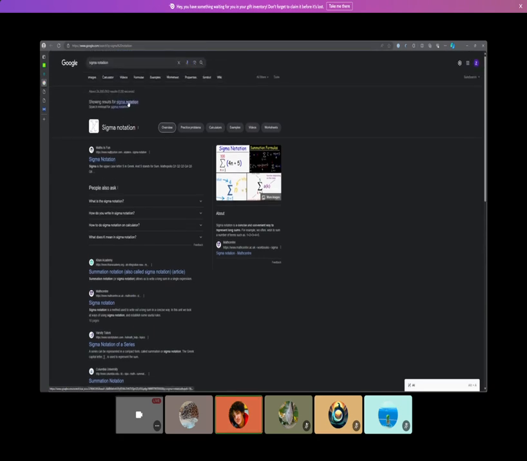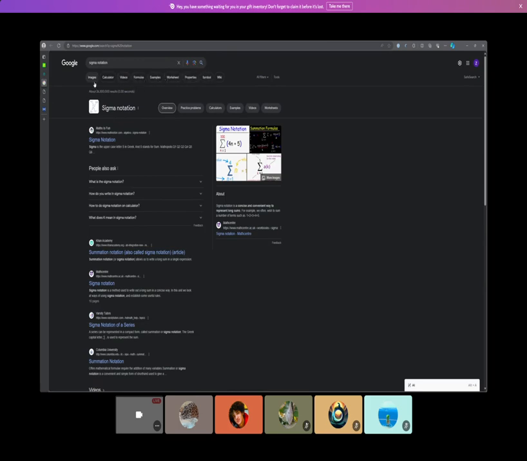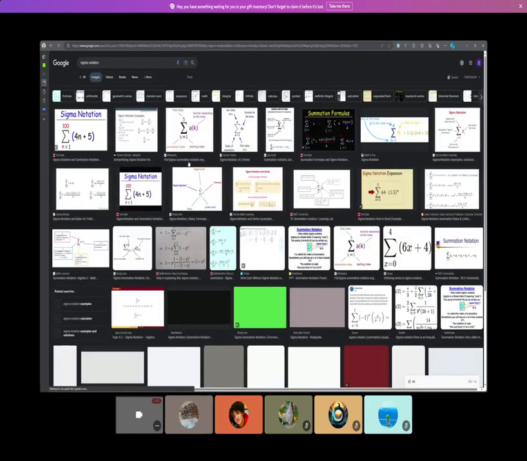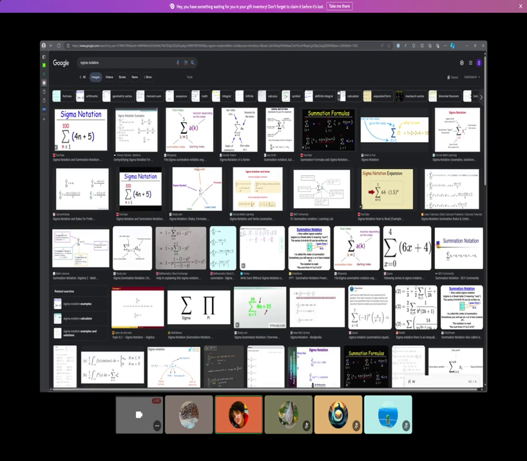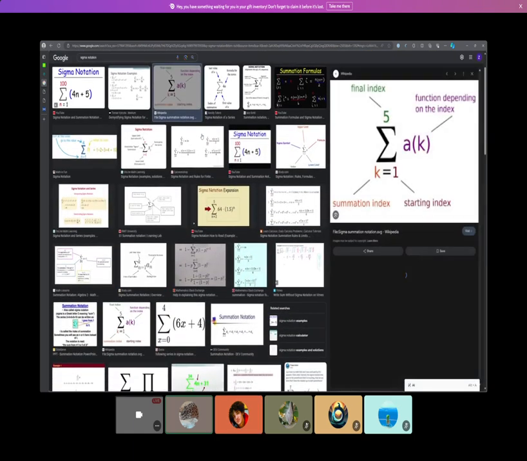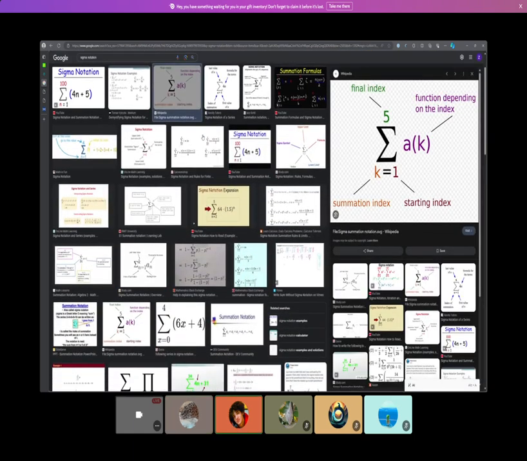You just find an image. So yeah, go to the third one. Yeah, so final index.